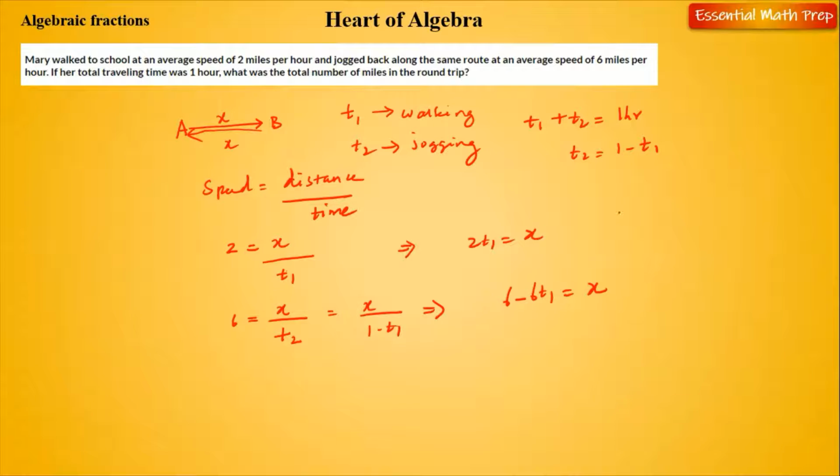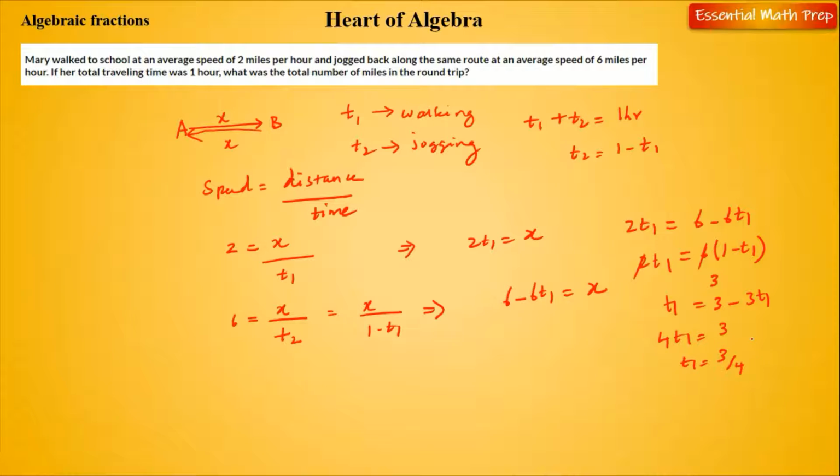Because distance is the same, we can now equate the two, which implies 2t1 equals 6 minus 6t1, right? So if we take 6 out, it's 1 minus t1 equals... that's 3, right? So it's 3 minus 3t1 equals t1. If you take this side, it becomes 4t1 equals 3. So t1 equals 3 over 4.